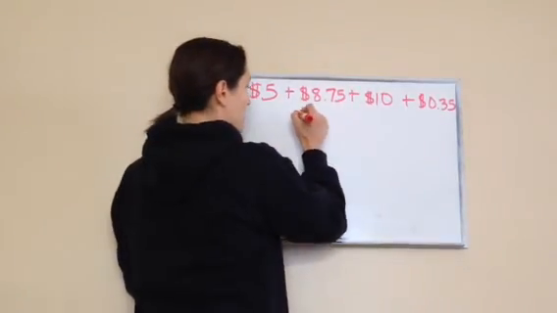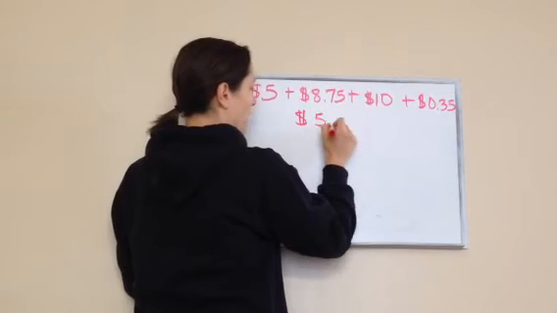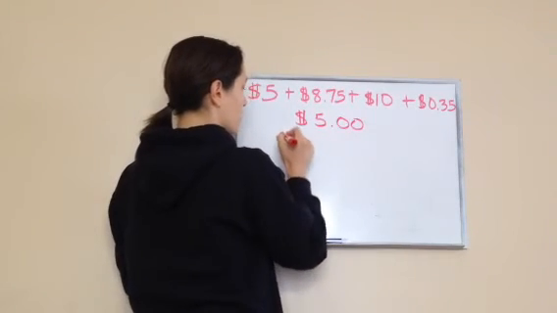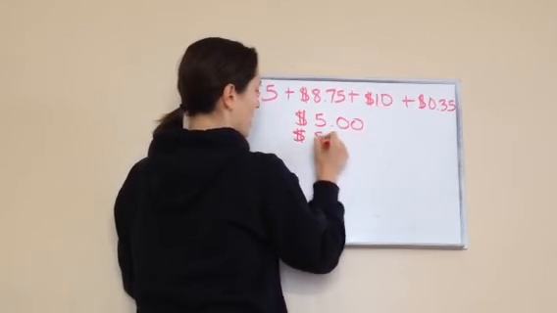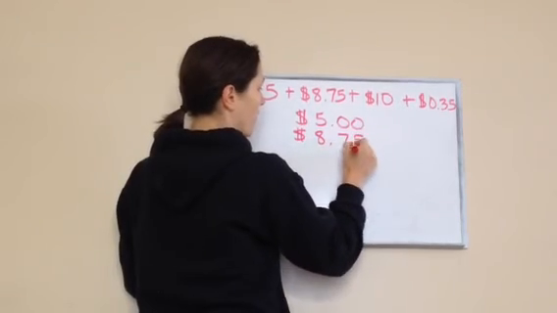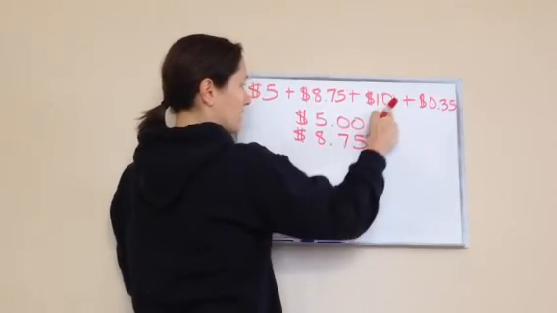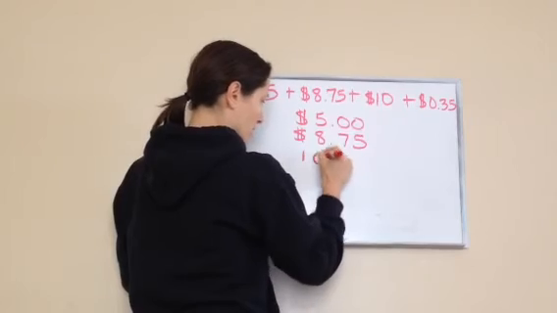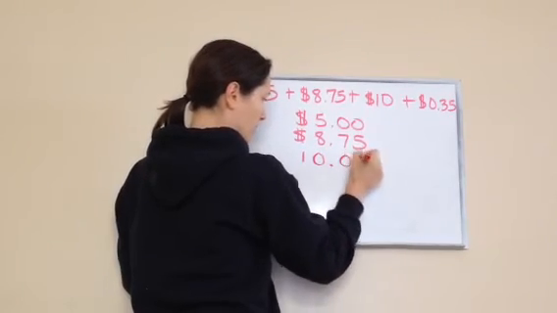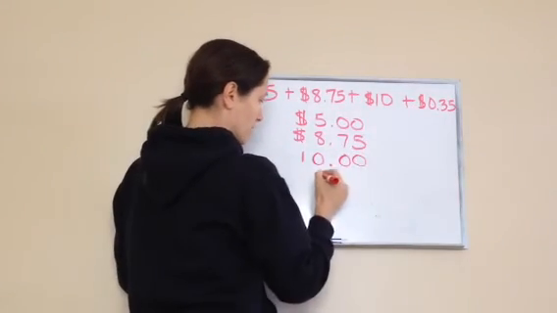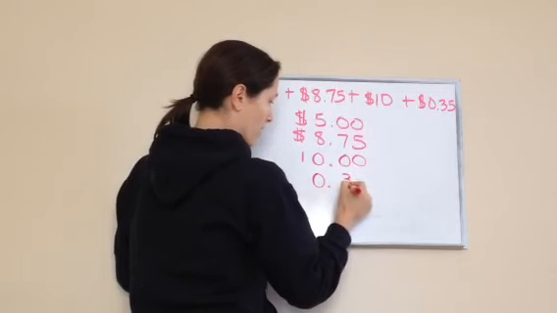Okay, so he did this. 5.00 plus 8.75 plus this 10. $10 is 10.00 and then 0.35.